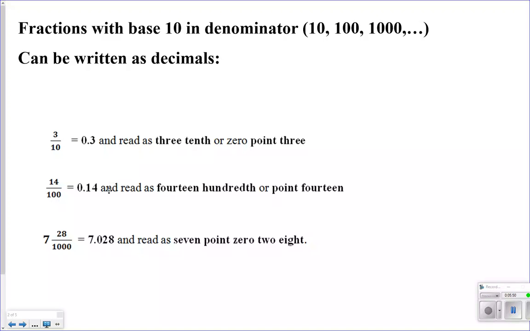Okay, here I have 7 and 28 over 1000. 7 is the whole number, and I said before, if we have a decimal number, we have a whole part and a decimal part. The whole part here is 7, so I write this 7 and put the decimal point. Now I have 28 over 1000, so it's 7.028. Okay, the place value of this 8 is thousandths, of 2 is hundredths, and we don't have tenths, so I put 0.